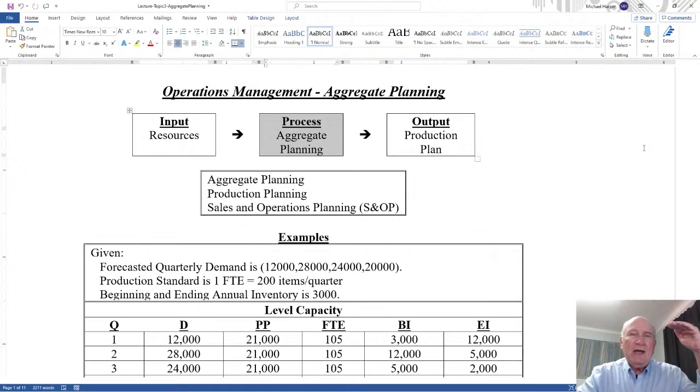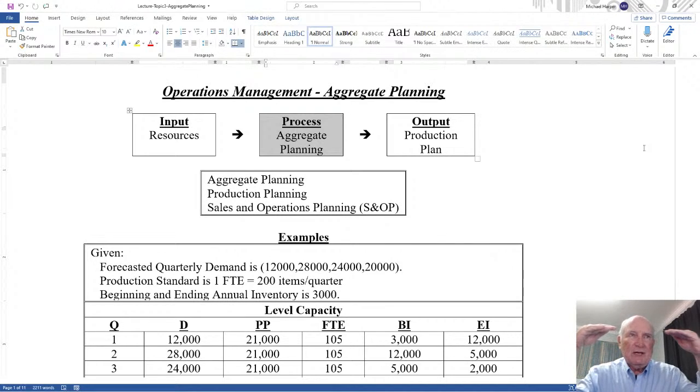And so if your demand is constant and your capacity is constant and level, and you produce a level and your demand is level, what happens in inventory? It stays pretty much the same.